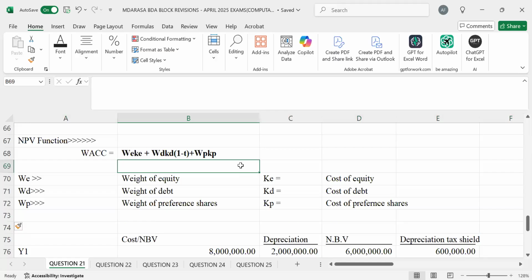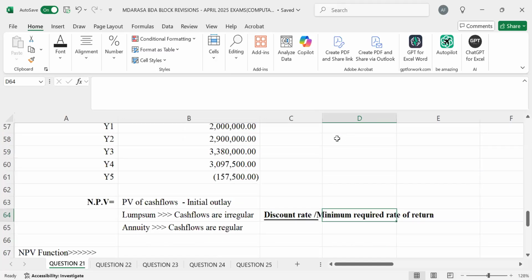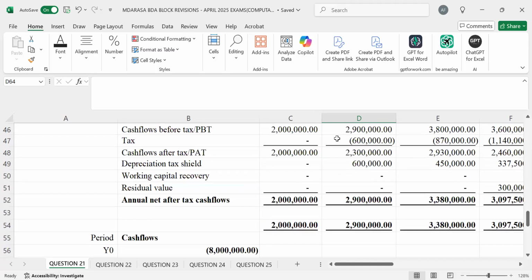So we have cost of equity, cost of debt, cost of preference shares. Very important to note. The WACC is the minimum required rate of return by our investors, and in this case we are given equity and debt, so we need to determine that cost.